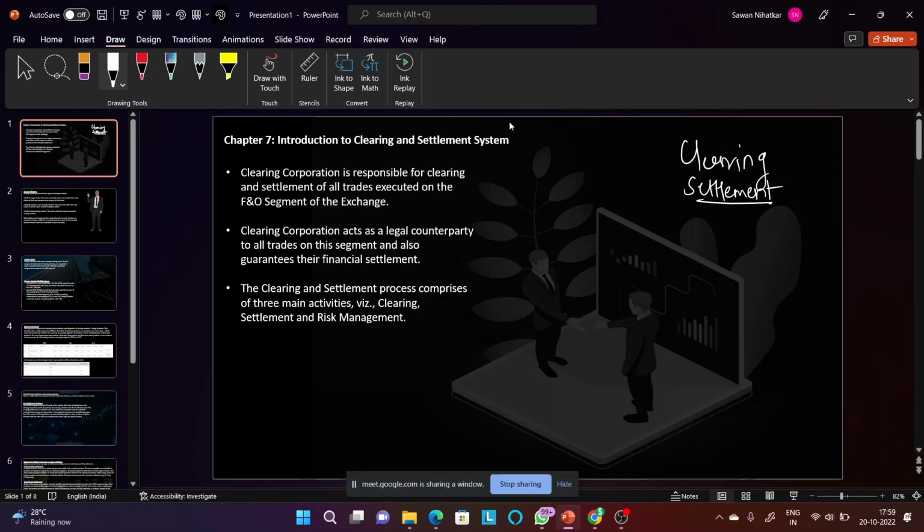So as we were discussing the forwards and futures contract, what we usually used to see is there are two parties. Okay, this is party A and this is party B, and they usually used to transact between each other.